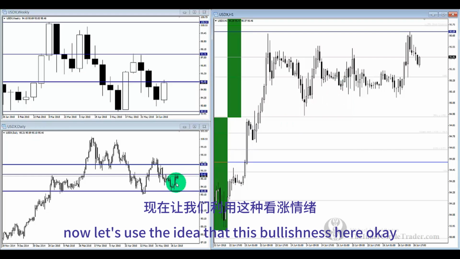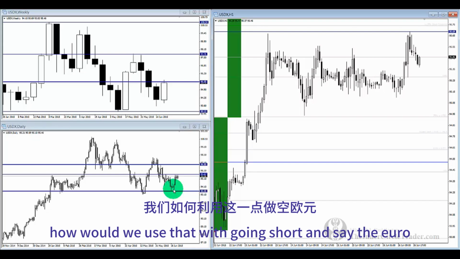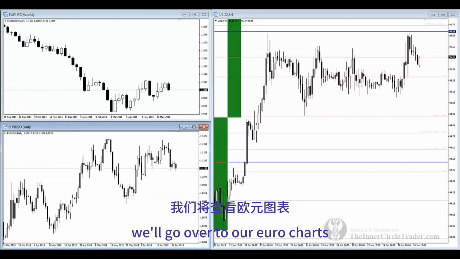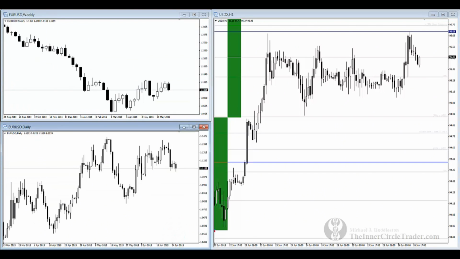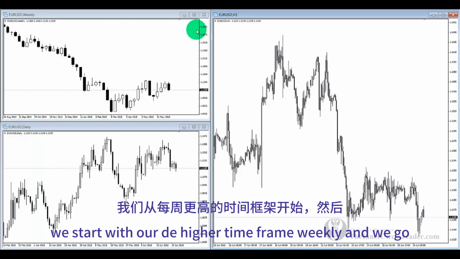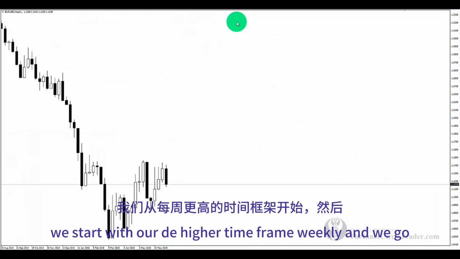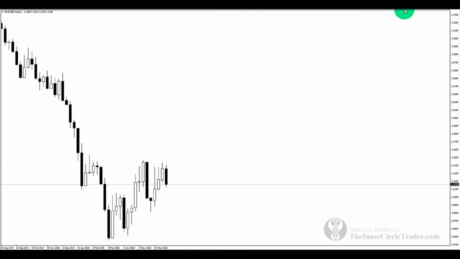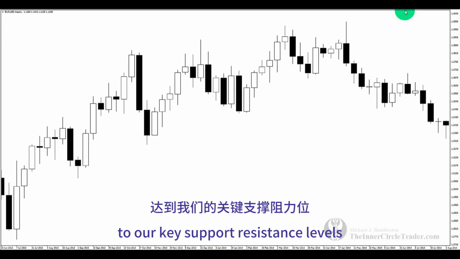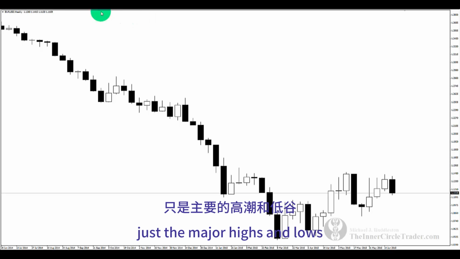Now let's use the idea that this bullishness here, how would we use that with going short in, say, the euro? Well, we'll go over to our euro charts. Same way we see here, we start with our higher time frame weekly, and we go to our key support resistance levels, just the major highs and lows.